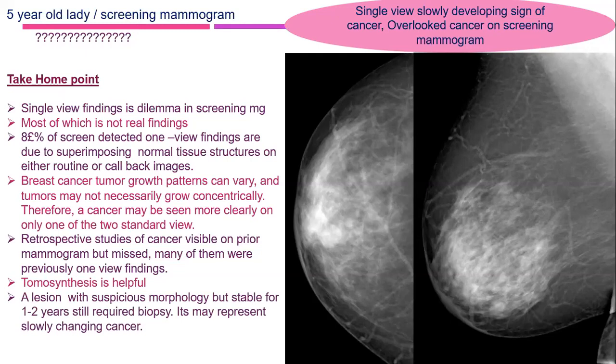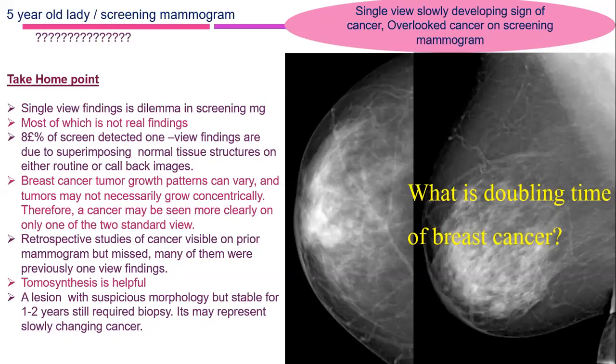It may represent a slowly changing cancer. Okay, what is the doubling time of breast cancer? 3 months. Okay, suggestion.